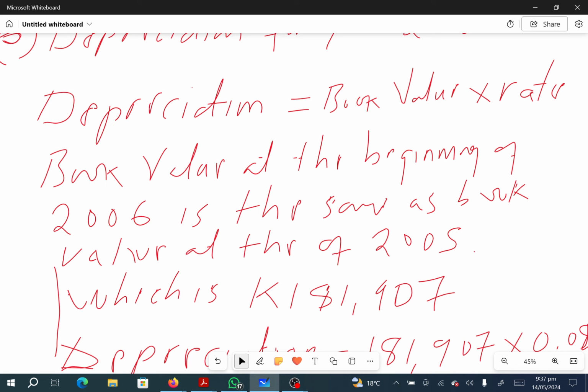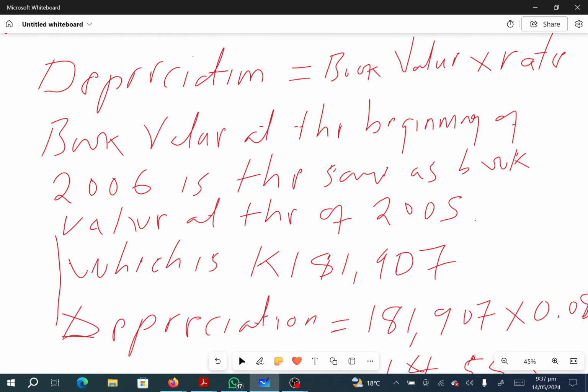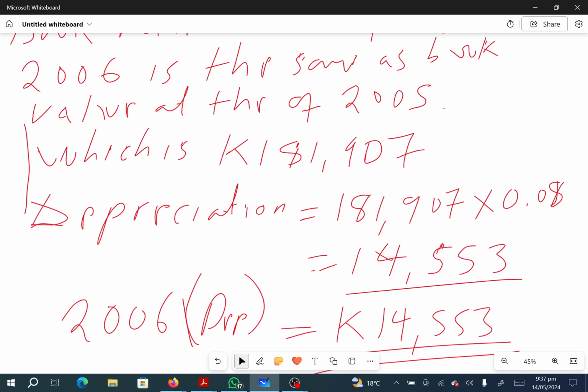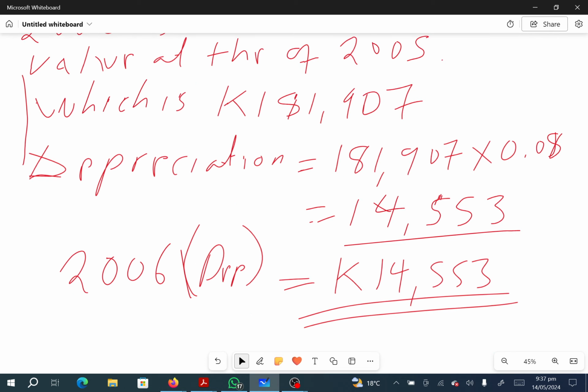So the book value we close with in 2005 is the same as the book value you open with the following year. So you get that book value, then you multiply with the rate, then you get the depreciation for that year.